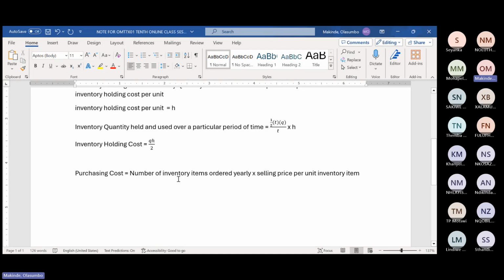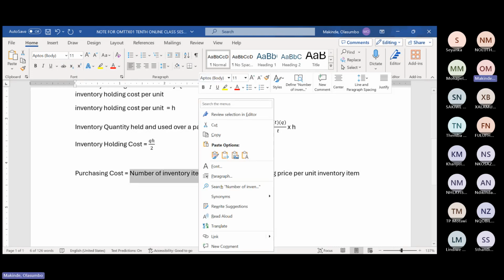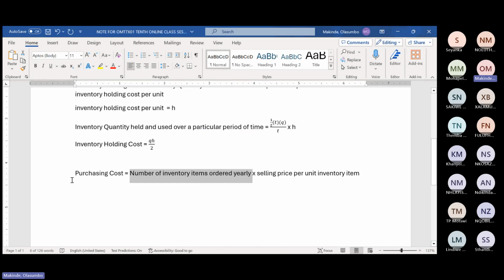So we represent that as the annual demand, because we want to know the total annual purchasing cost, because everything is done annually. The number of inventory items ordered annually is the annual demand, which is D, I've told you previously.